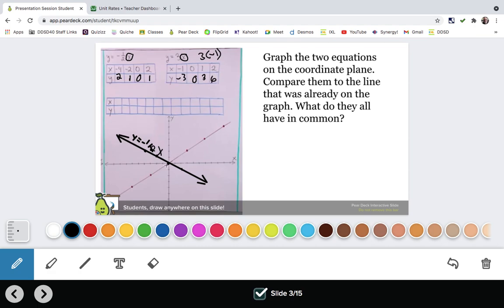So we go to -1, -3, and 0, 0. Over 1 up 3. And over 2 up 6. And we're going to take our line tool, maybe get another color, and just go right through those. So we put arrows on the ends, and that's all we need on that card.